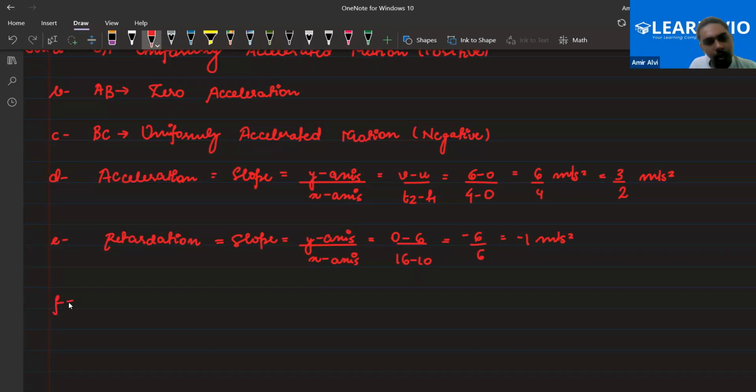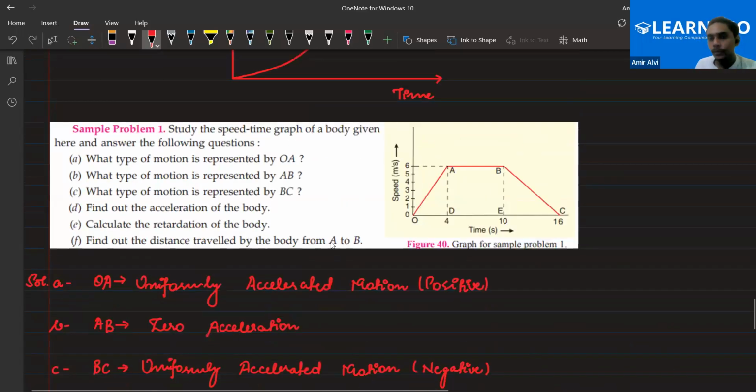For the F part, we have to calculate the distance traveled from A to B. So, A to B, we have to calculate the distance.